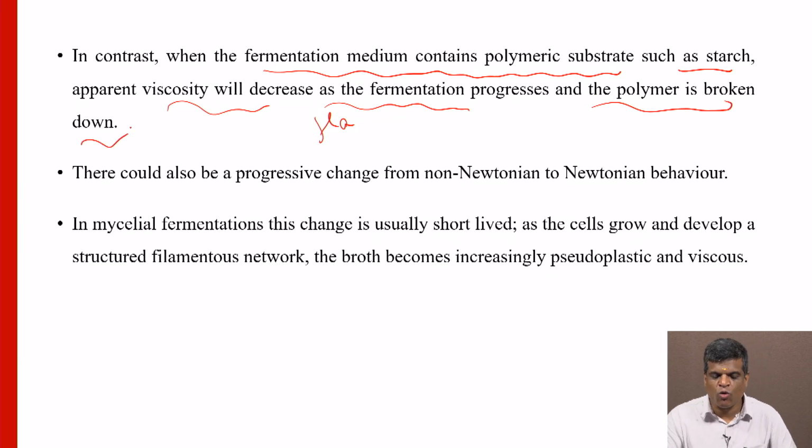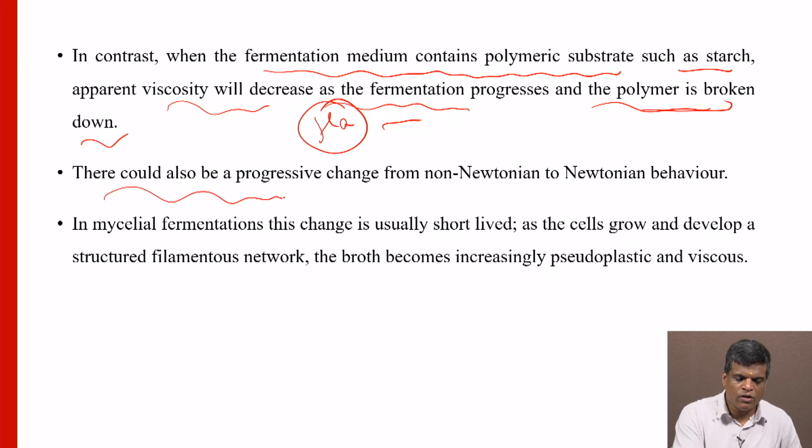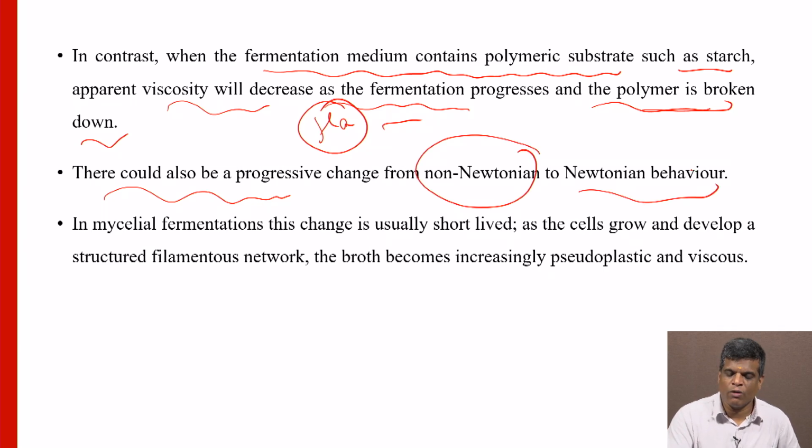When the polymer chain gets broken down, the viscosity also decreases. There could also be a progressive change from non-Newtonian behavior, where n is less than 1, to Newtonian behavior, where n is close to 1.